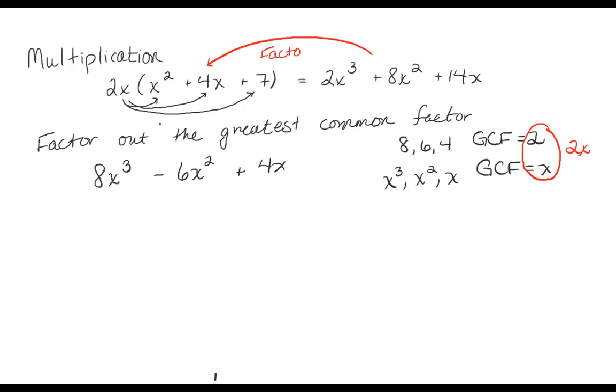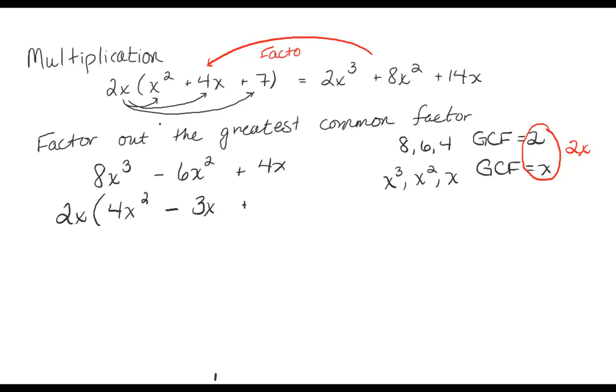When I factor that out, I think distributive law backward. What would I multiply 2x by to get 8x cubed? The answer would be 4x squared, since x times x squared is x cubed. The same for the next term, minus 3x, since 2x times 3x is 6x squared.